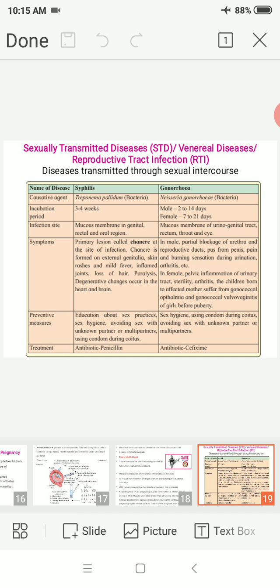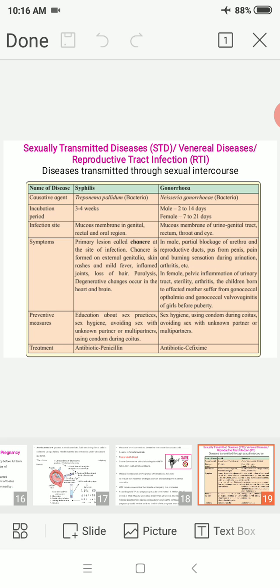Symptoms: a primary lesion called chancre forms at the site of infection on the external genital skin, rashes and mild fever, inflamed joints, loss of hair, paralysis, and degenerative changes occur in the heart and brain.